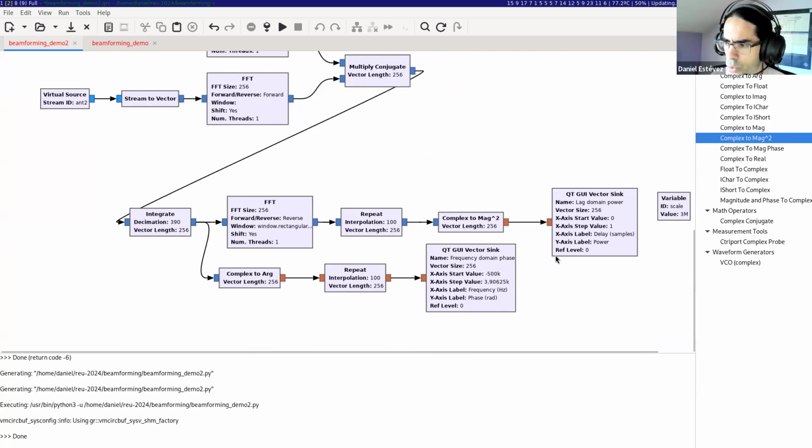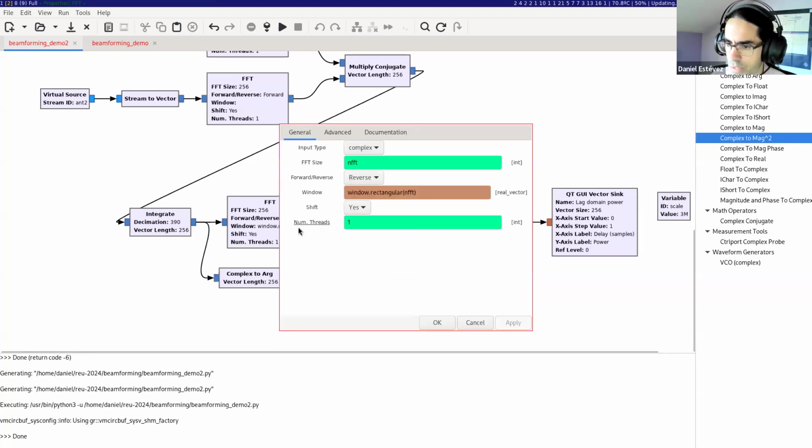And then I also want to look at this in the time domain, which is also called lag domain, because as we will see, it speaks about the delay, and another word for delay is lag. We could also say time domain here or delay domain, both would be appropriate. So here I'm in the frequency domain; to show the time domain, I need to do an inverse FFT, and the inverse FFT is done by putting here reverse, and I have here a rectangular window, but this could also be an empty window.